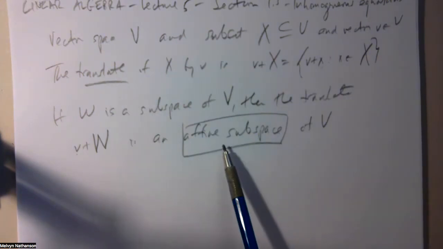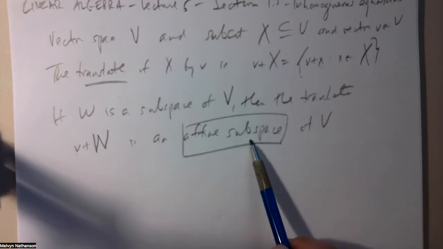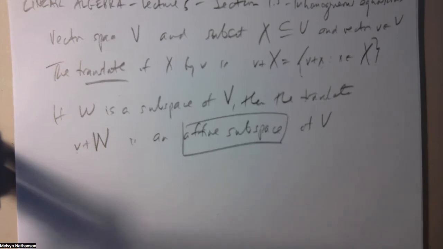One is translate, and the other, a special kind of translation, is an affine subspace.